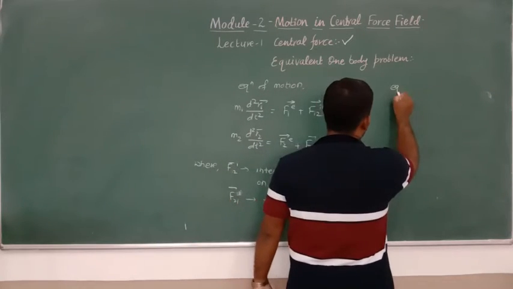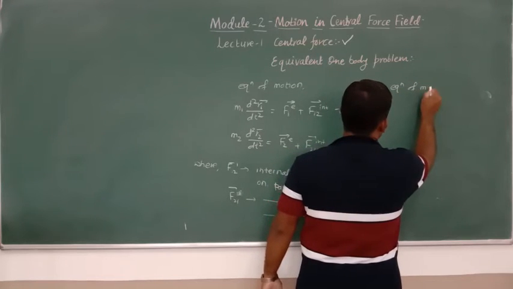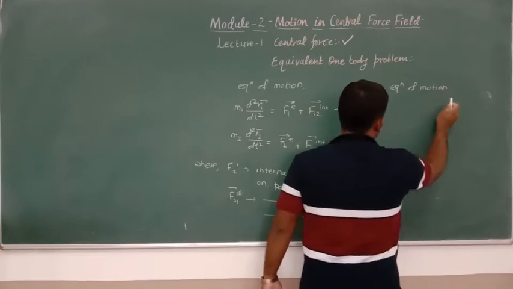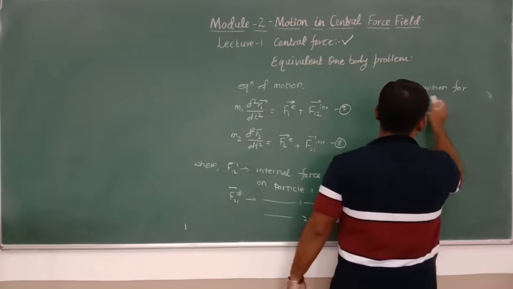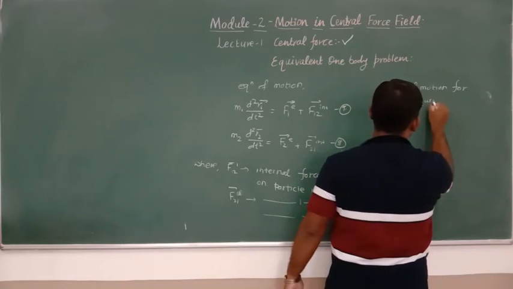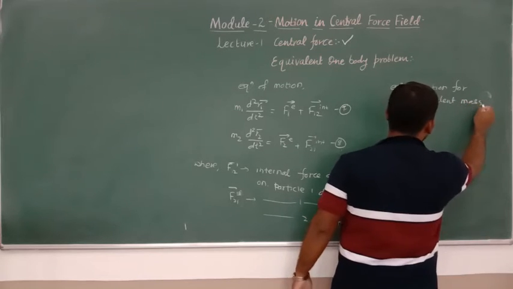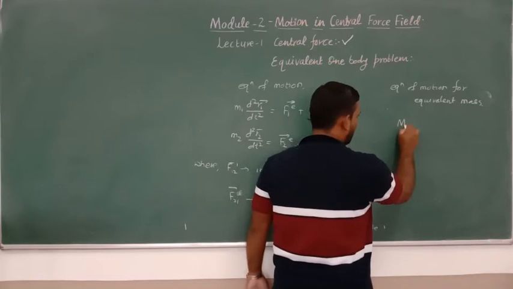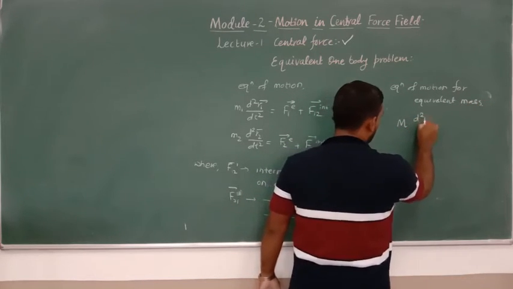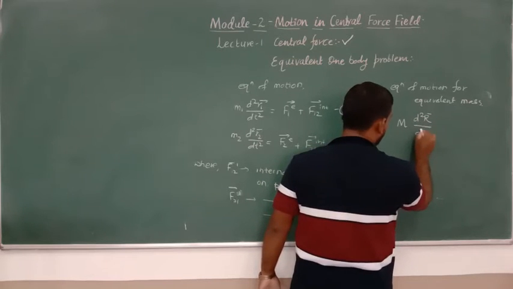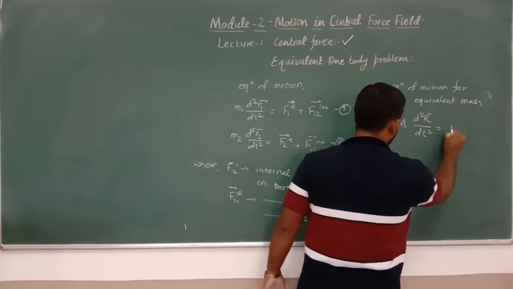Equation of motion for the equivalent mass, or single mass, M: M d2 r bar by dt square is equal to f external.